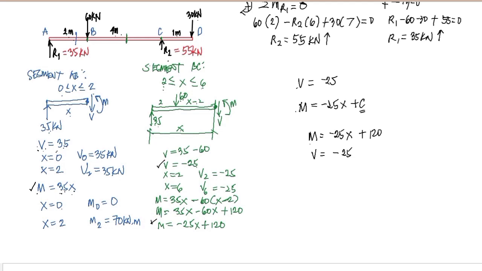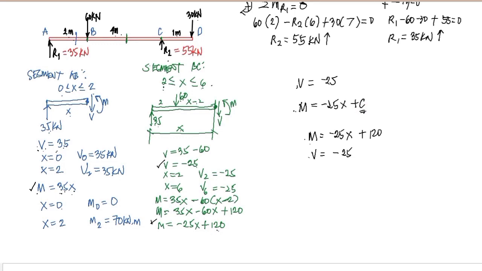So, palaging safe na mag-check from the moment equation, take the derivative, and i-check natin kung tama yung ating shear equation. So, uulitin ko, kasi kung manggagaling tayo sa shear papuntang moment, we have the arbitrary constant c, and the constant of integration in this case is equal to 120, wherein hindi natin siya madidetermine.